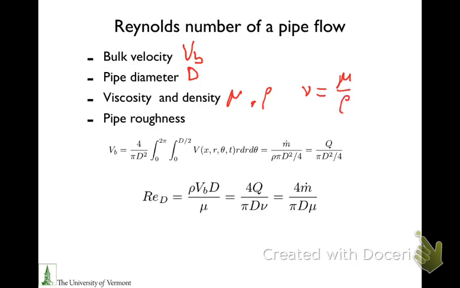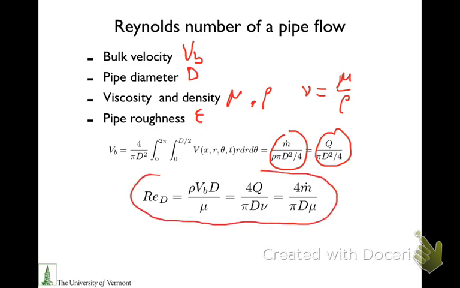This is not part of the Reynolds number, but nonetheless very important: epsilon is the pipe roughness. Note that I have defined the bulk velocity as a function of the mass flow rate and the flow rate, and given also the equivalent definitions of the Reynolds number.